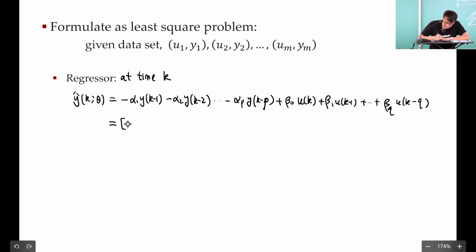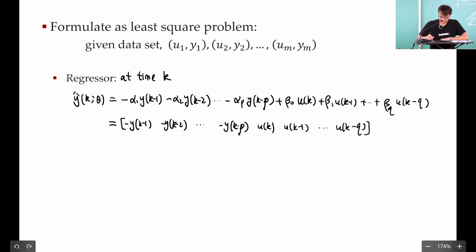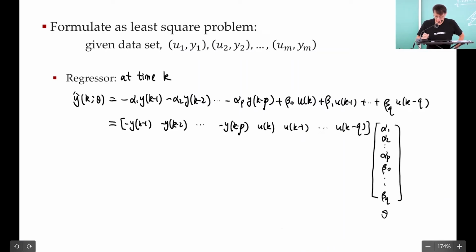Let's say this will be minus yk minus 1, minus yk minus 2, minus yk minus p, uk, uk minus 1, all the way to uk minus q, times a big vector of alpha 1, alpha 2, alpha p, beta 0, all the way to beta q. That's my theta, if you remember, right?